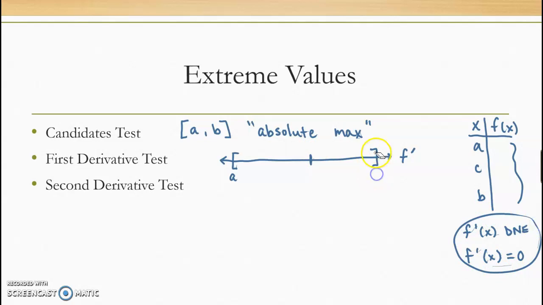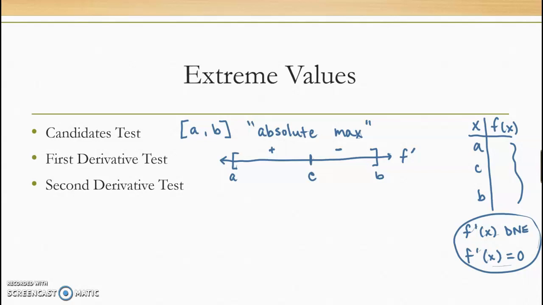Oops, I called the critical point C. And for the first derivative test, you're looking at sign change on your derivative. If you need to justify an answer with a first derivative test, you would say there is a maximum at x equals c because f prime changes sign from positive to negative.